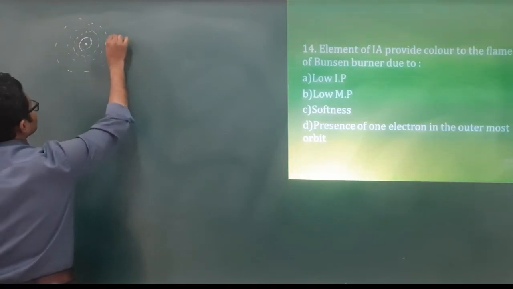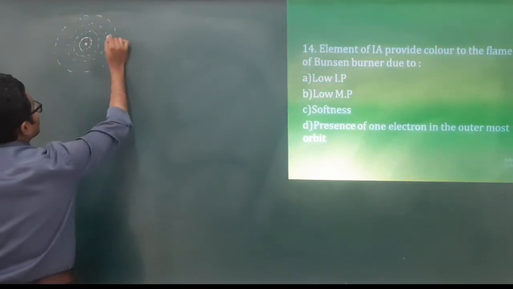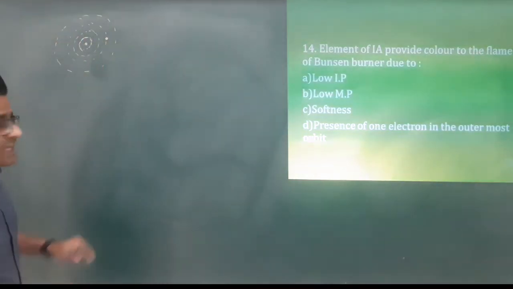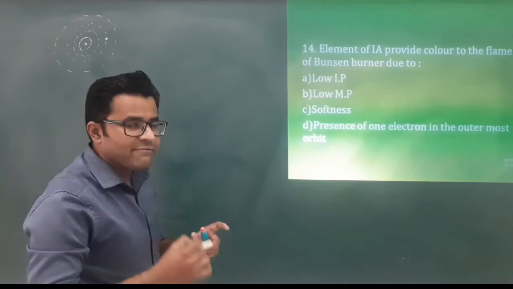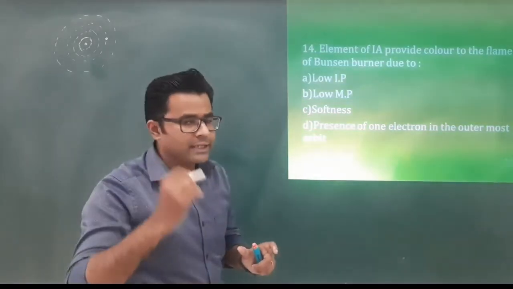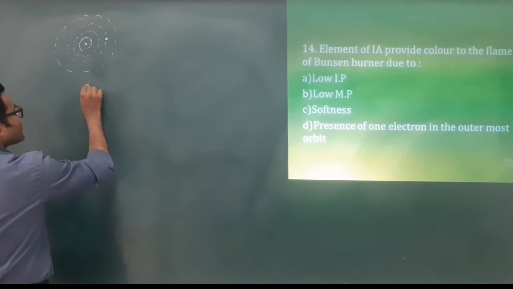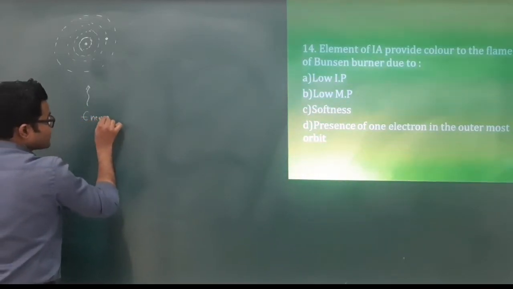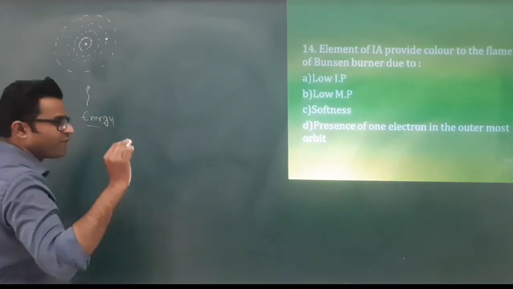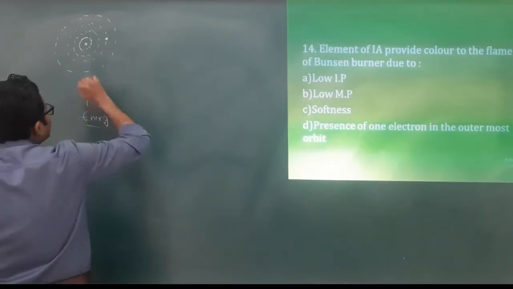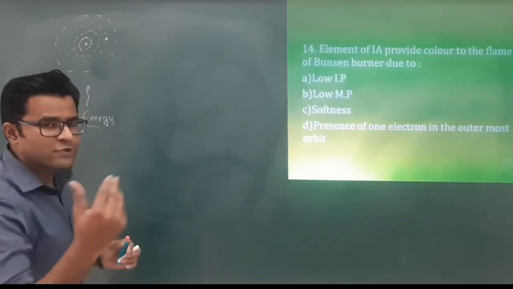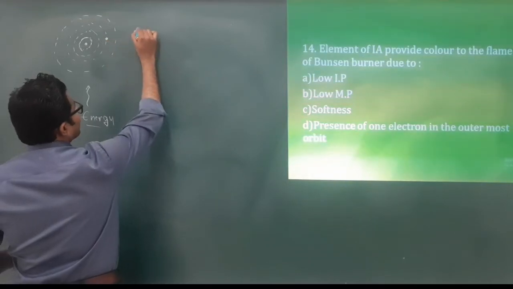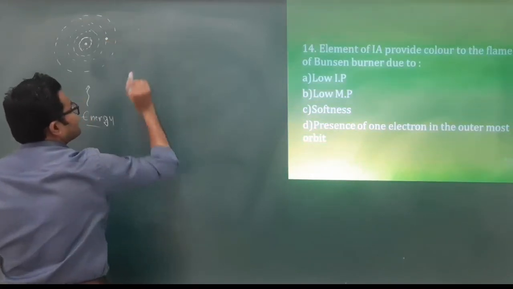As you observe these atoms carefully, the outermost electrons have a very, very low ionization enthalpy, due to which when you provide energy to these atoms in the form of flame, the energy is absorbed by these electrons, as a result of which these electrons get excited to a higher level.